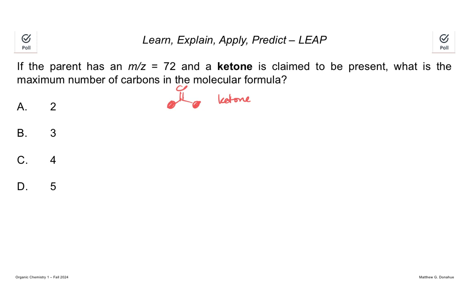So the same deal here. There's 1 oxygen, and so oxygen contributes 16 of the 72. So what do we get for this? 56. Is my math off?